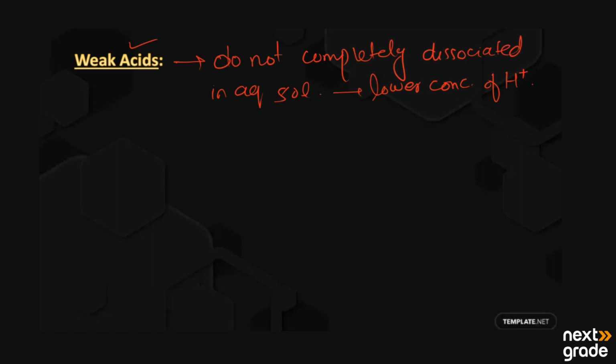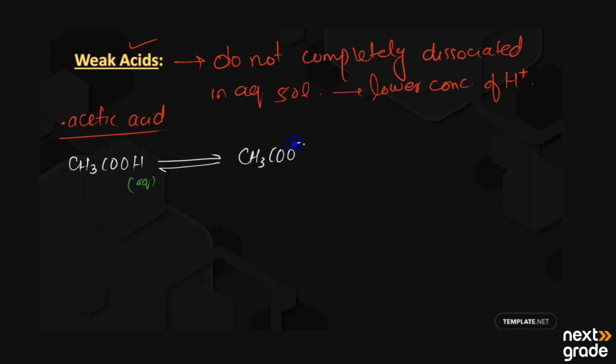Let's have a first example, acetic acid. The formula for acetic acid is CH3COOH. In aqueous solution, it ionizes in water and produces two ions, CH3COO negative and H positive ion, both aqueous.